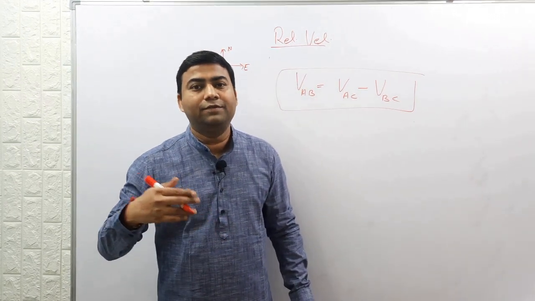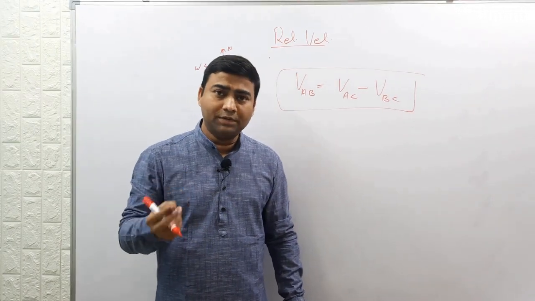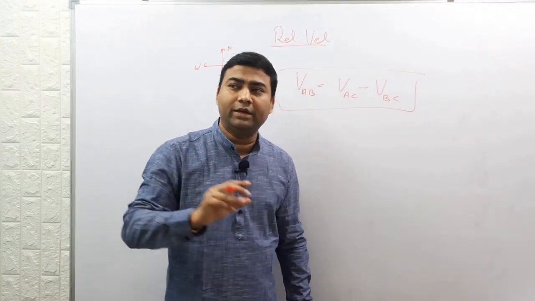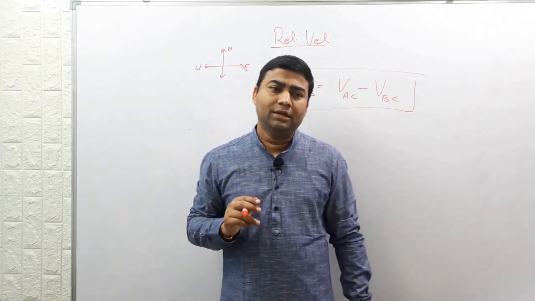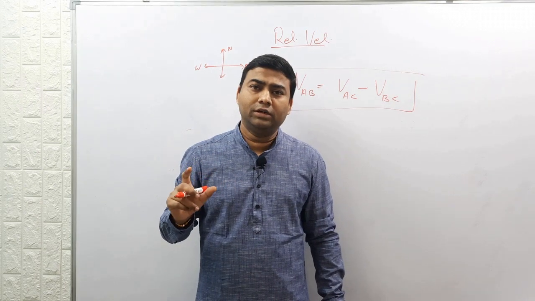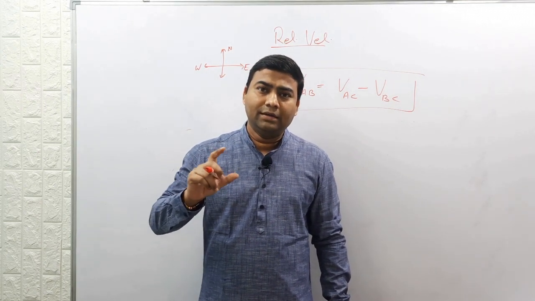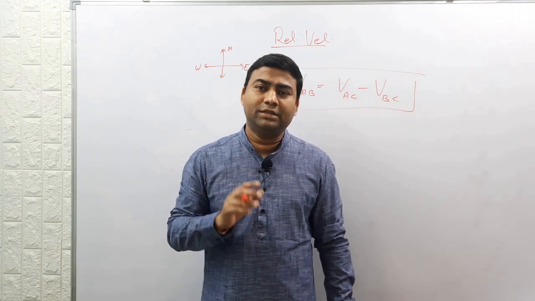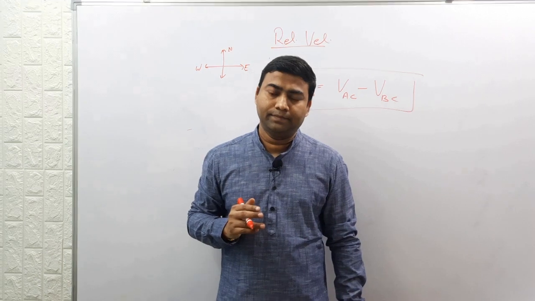So there may be different frames moving with different velocities. An observer can sit in any frame and observe the motion of an object. So a frame is nothing but a system of Cartesian coordinate x, y, z axes, and this coordinate system may be moving or may not be moving.